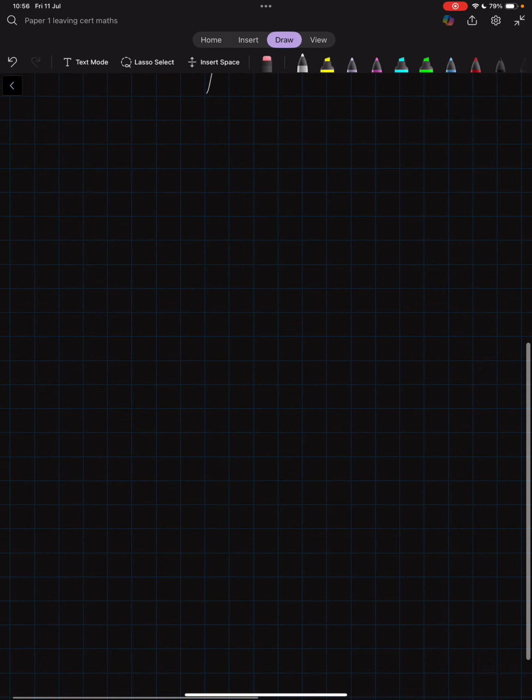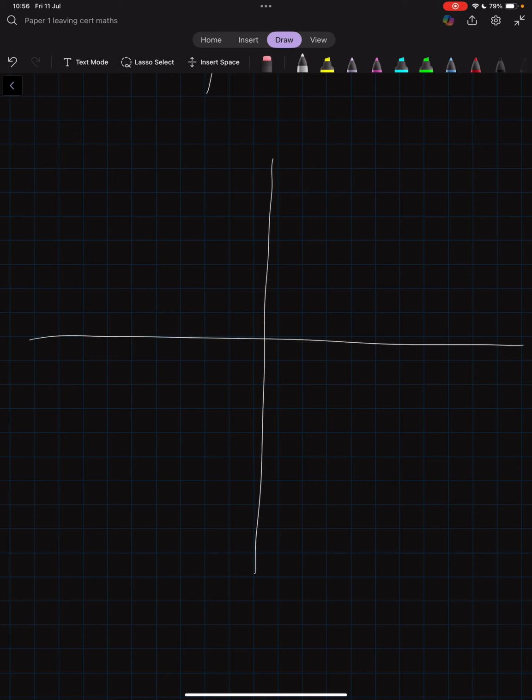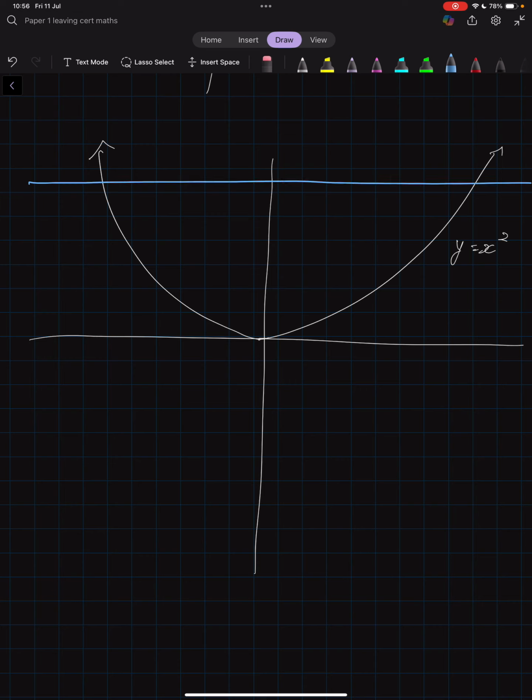Now you might say, in what case would all outputs not be unique? Something like y equals x squared. For y equals x squared, if I now do my horizontal lines, this would not be injective. Why? Because here it hits it twice.